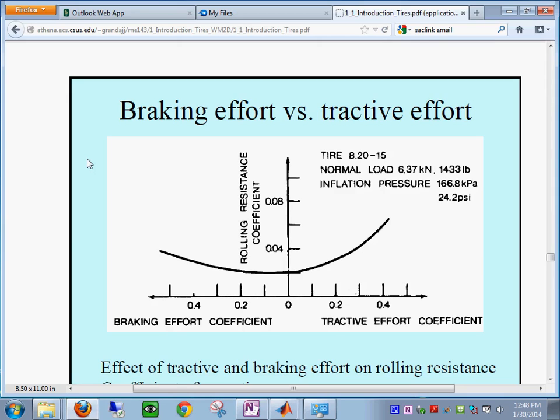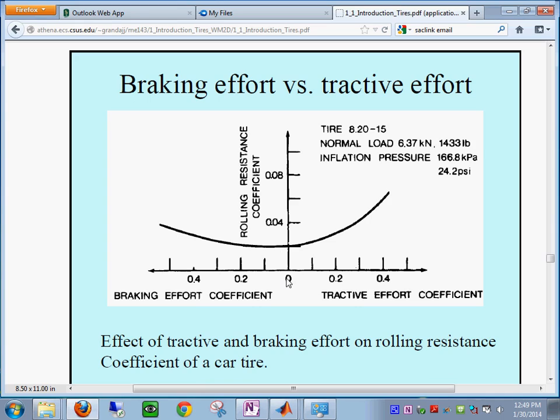You don't want to have these rolling resistance coefficients too high, but in this case for tractive effort you can see changes, and for braking as well. So this is called tractive and braking effort on rolling resistance coefficient.